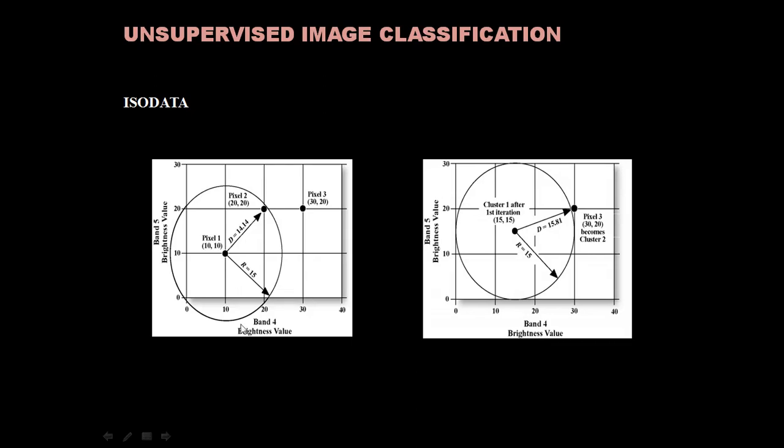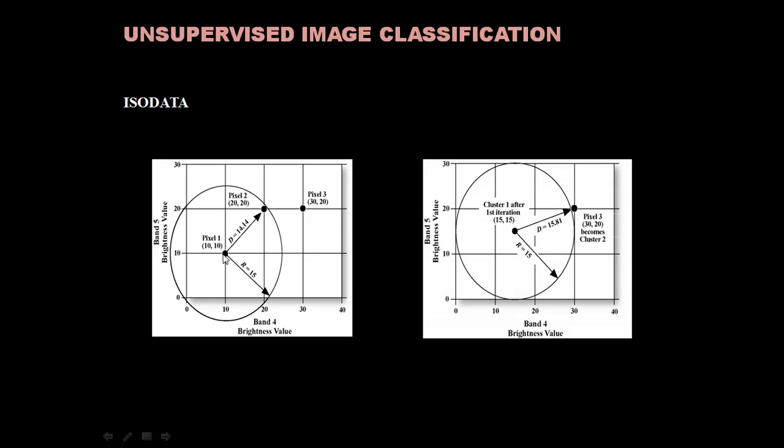It can be explained this way. Suppose this is the class pixel, and these are the candidate pixels, and here a 15-meter radius has been selected. This is the searching radius, and this radius can be called the mathematical domain of this pixel.